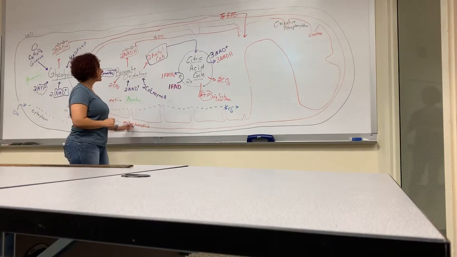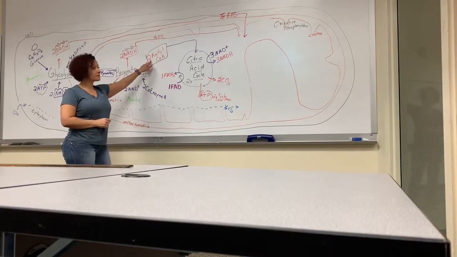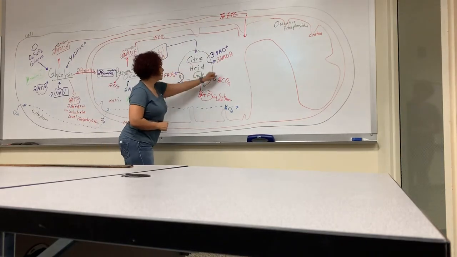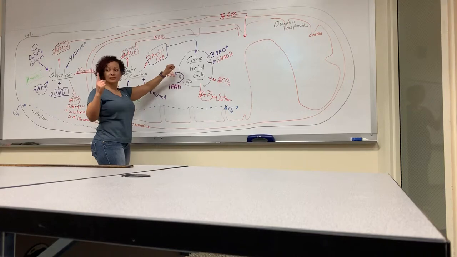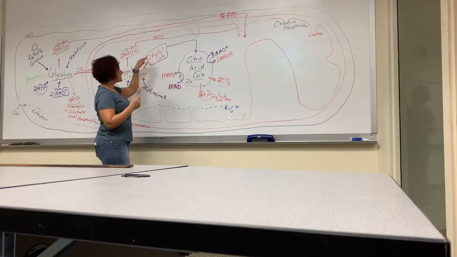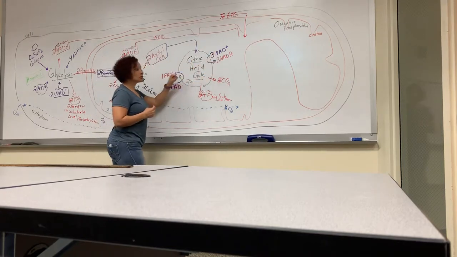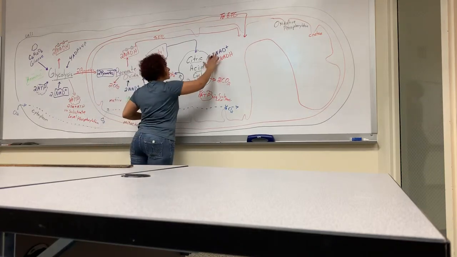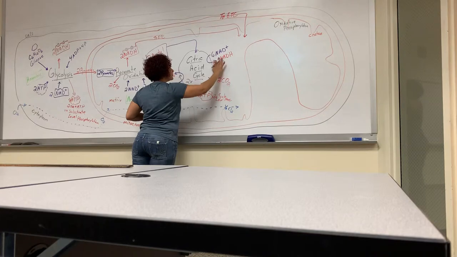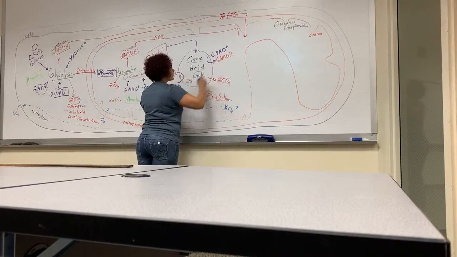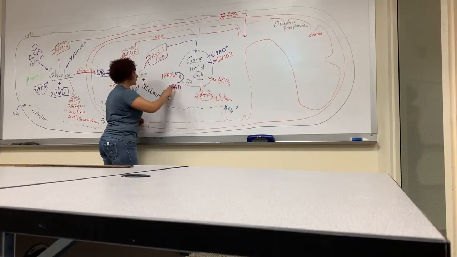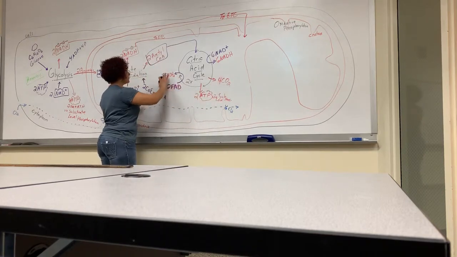But here's the deal. We have 2 acetyl coenzymes, so we're going to cycle around twice. 1 acetyl coenzyme goes in and makes all of this. That's 1 cycle. The second acetyl coenzyme goes in and makes it also. That's 2 rounds. So there's 6 total if you count them both, 4 total, 2 total, 2 total.